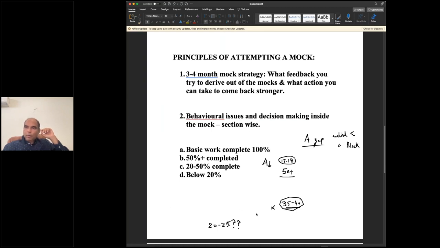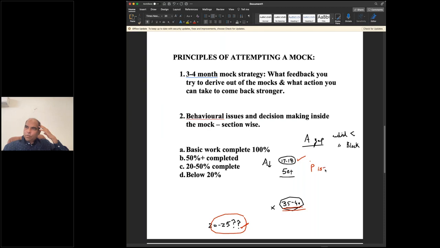The second reason why you might not be getting the score: you are targeting this, but you're getting this. When you check your ability, you see that you're getting 17, 18 questions correct. You know 17, 18 questions, but you're still not able to score this. So then this is the performance issue.